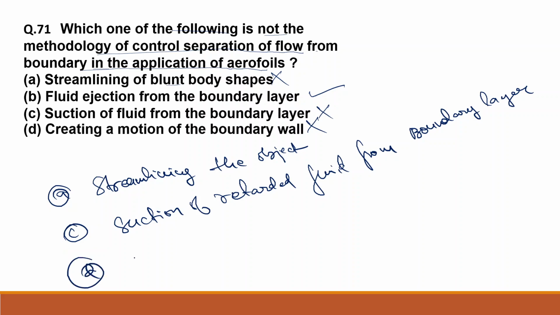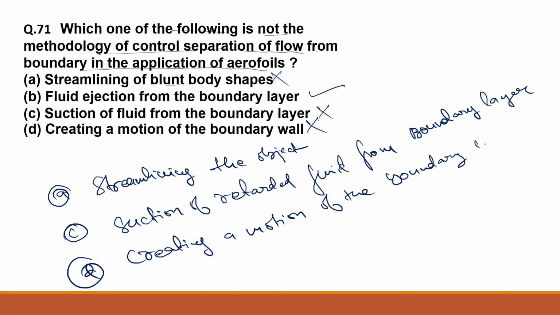Option D, creating a motion of the boundary wall. This also is wrong, because creating a motion of the boundary wall, thereby giving energy to the retarded fluid.